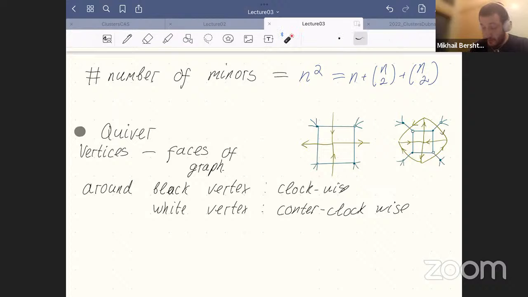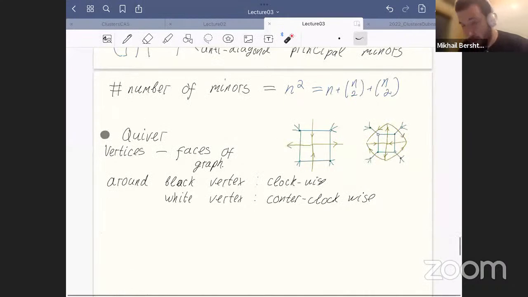Like here. So this is counterclockwise around a white vertex and clockwise around a black vertex.